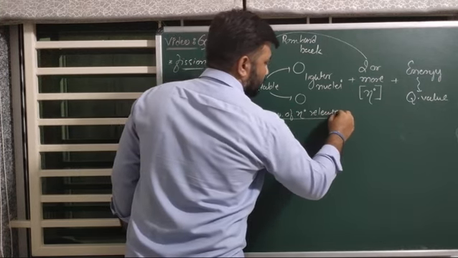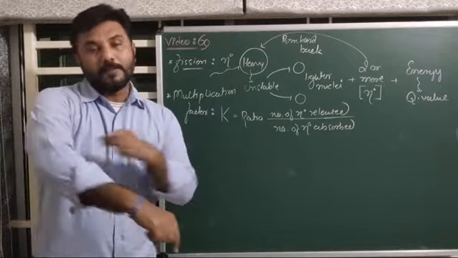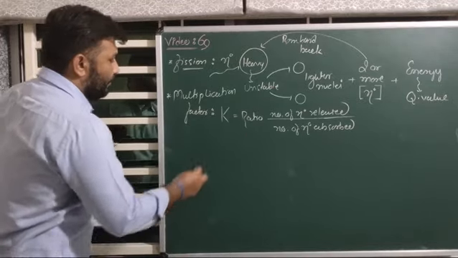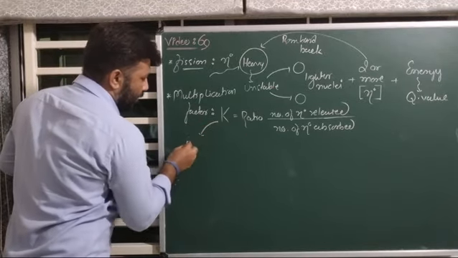Clear? So it is the ratio of numbers. Because of this reason only, the multiplication factor is unitless as well as dimensionless.